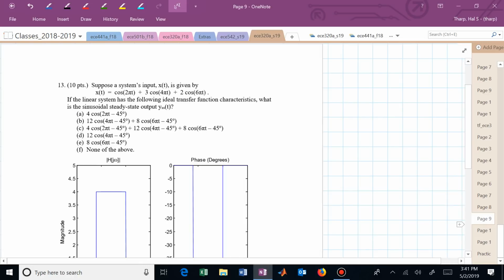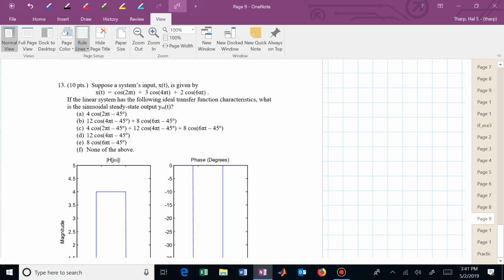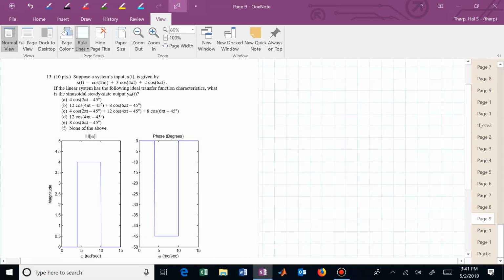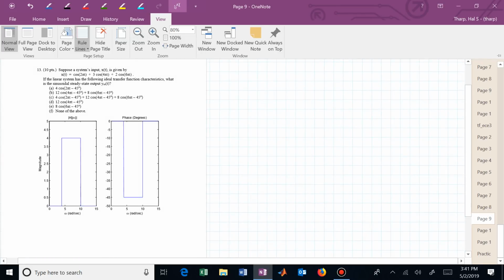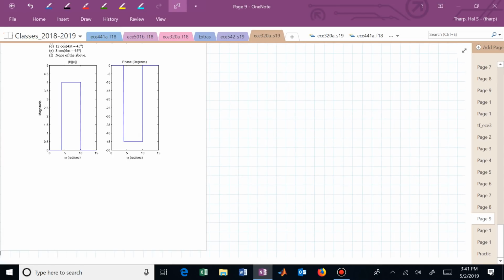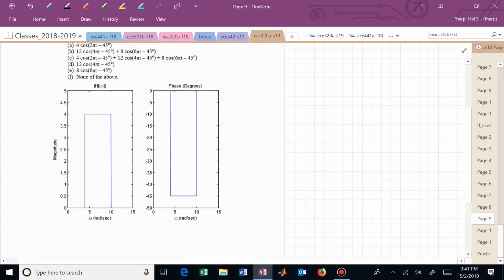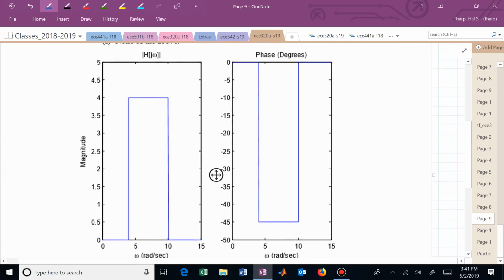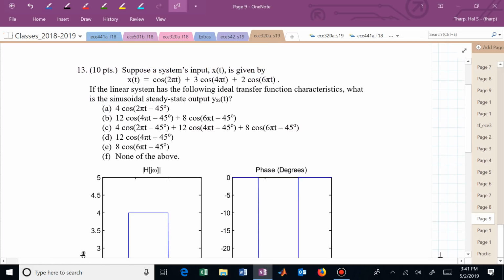What if you had something like this? Suppose a system's input, x, is given by a sum of 3 cosine terms.